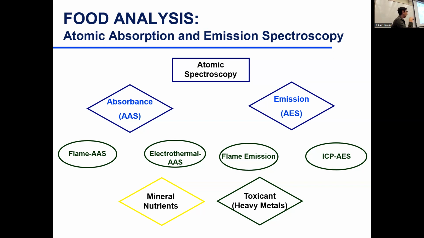The abbreviation is in the next slides, but ICP atomic emission spectroscopy is more common nowadays to measure minerals than atomic absorption. It's more efficient. It has a higher sensitivity and a lower threshold. So if you have a lot of food samples and you want to measure all of the minerals in those samples, you send them, let's say, to Eurofins, who bought Covance's lab.